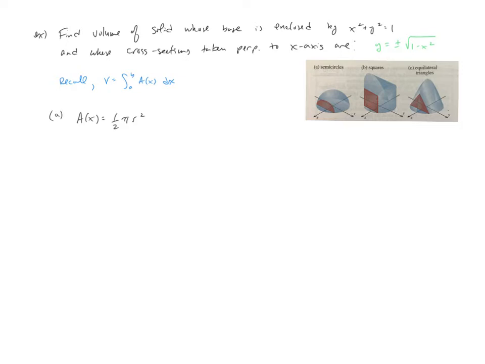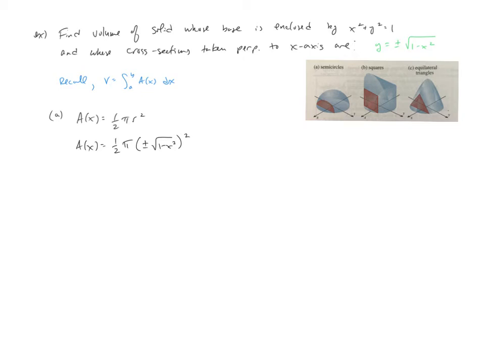Now, for this particular part, our A of x would need to be 1/2 pi, and that radius would need to be our function, plus or minus root 1 minus x squared, squared, just like it was in the last section where we dropped that function in there.